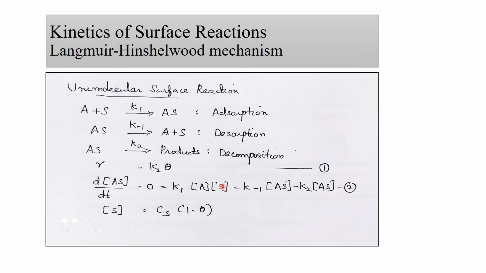That is equal to the total concentration of surface sites multiplied by the fraction of the sites which remained uncovered. That is, concentration of S is equal to Cs into 1 minus theta.